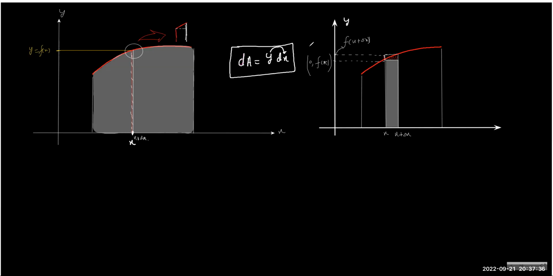Yes or no? The actual area will be the bigger area. So we can say the actual area is more than f(x) delta x, but less than what?